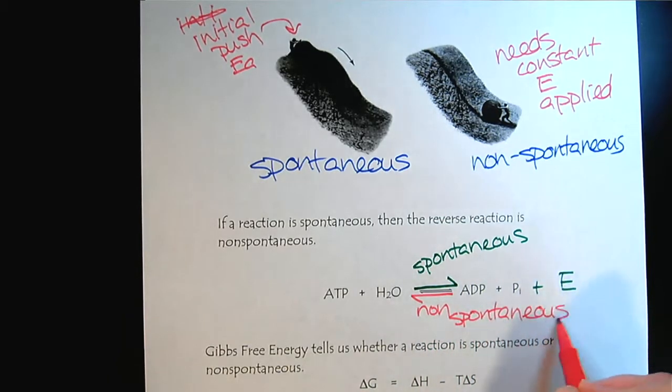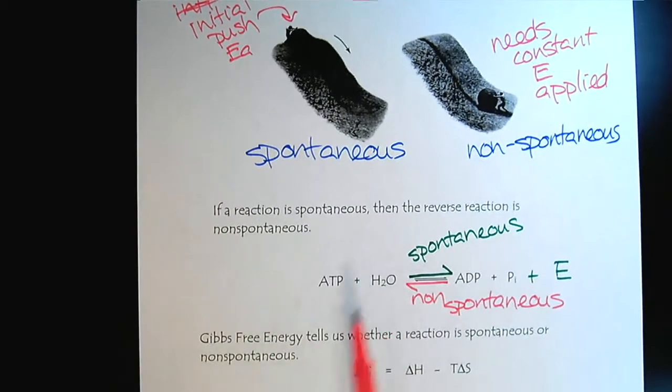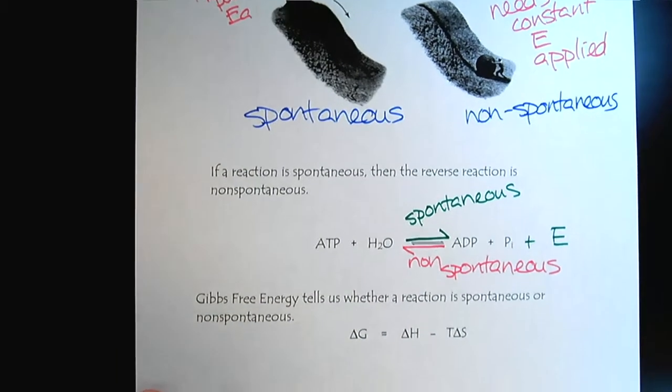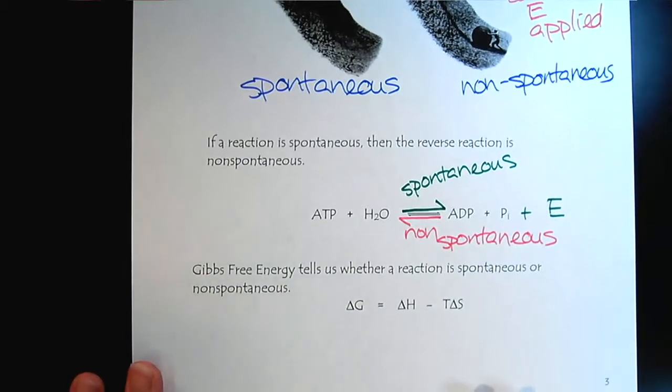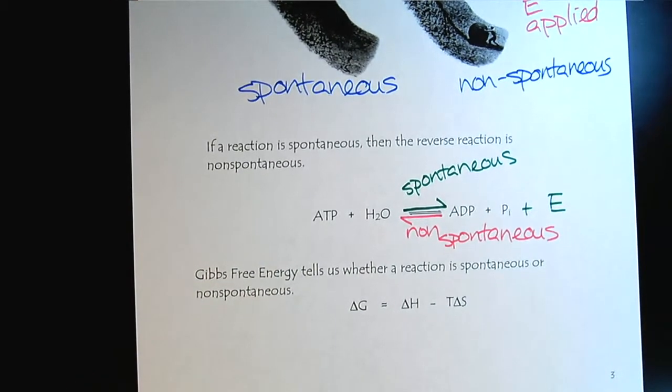Pretty much, most reactions are reversible, not every reaction, but in biochemistry they tend to be. And so just remember that if one direction's spontaneous, the other direction will be non-spontaneous. And then this gentleman by the name of Gibbs, he recognized that there was more to reactions than just the enthalpy.